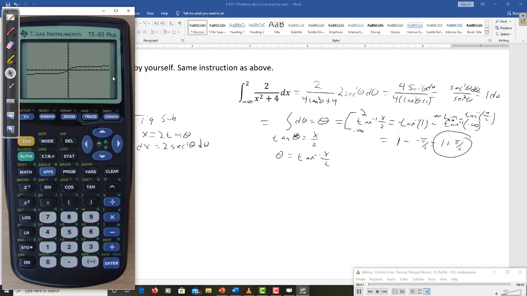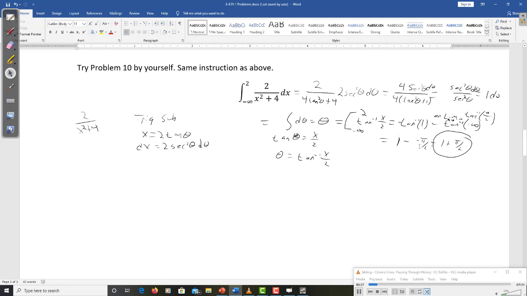And if you look at the range of inverse tangent in the book, or look it up on the internet, it'll tell you the range of inverse tangent is negative pi over 2 to pi over 2. So as it goes to negative infinity, it approaches negative pi over 2. As it goes to positive infinity, it approaches positive pi over 2. So, as we go to negative infinity, inverse tangent goes to negative pi over 2, so 1 minus negative pi over 2, 1 plus pi over 2.